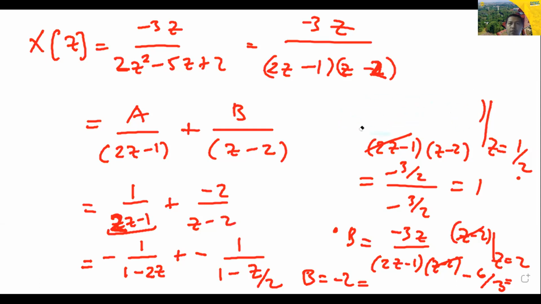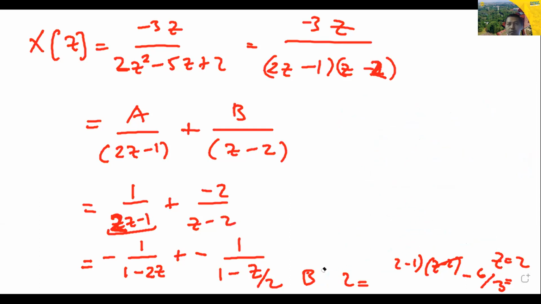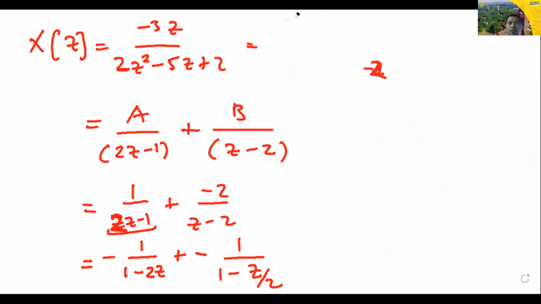For the A, you got it. So until this point, you get this form, and then we need to look up the table.